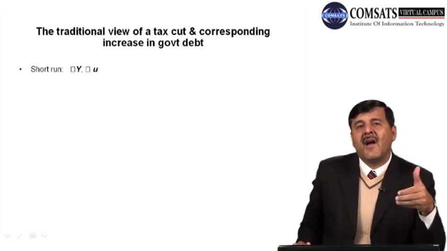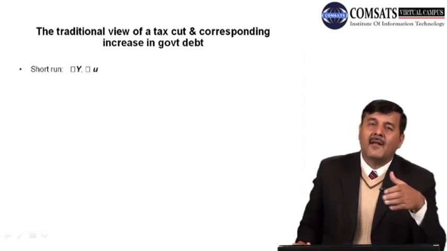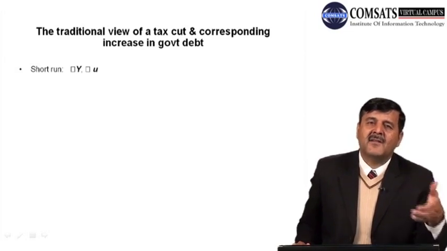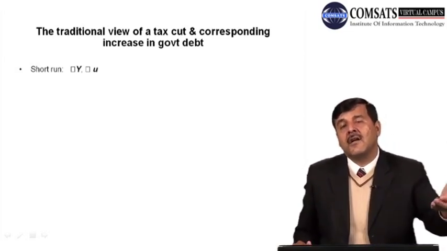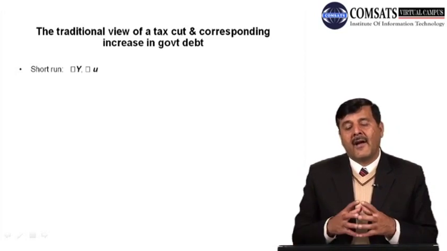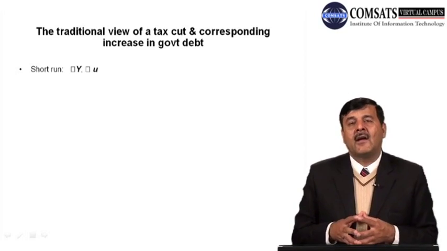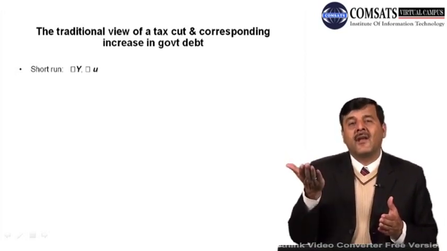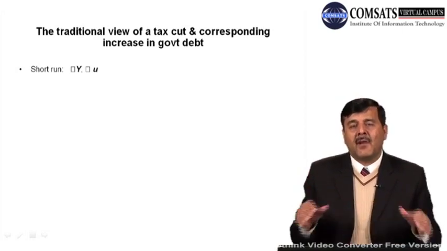This is the traditional view of a tax cut. When demand for goods and services increases, there will be an incentive for the producer to produce more, to supply more. So output will increase, they will hire more workers, so unemployment will decrease, right? So in the short run, due to the tax cut, the output level will increase because of the stimulation of spending, and unemployment will go down.